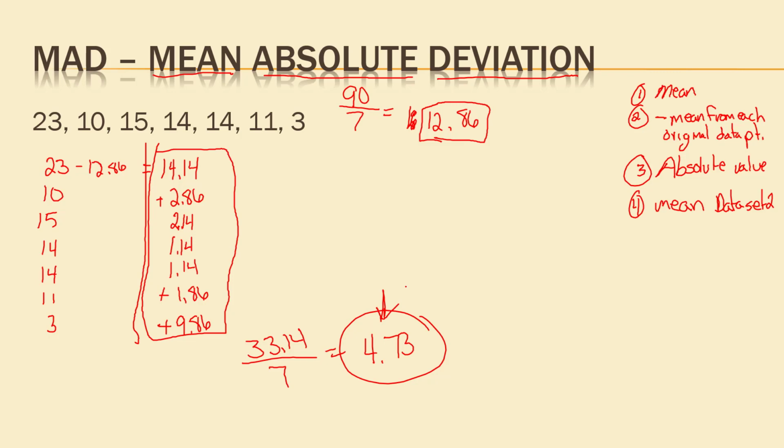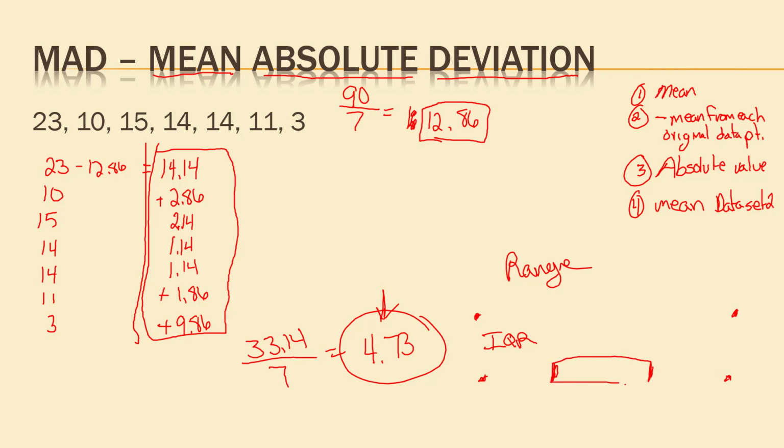Now, just like range and IQR, mean absolute deviation is a measure of variation. This particular type of variation is telling us the variation around the mean. Now, that's a lot more specific. Notice when we talked about range, range was variation from beginning to end. IQR, we have a beginning and end, but now we're looking at the middle 50%.